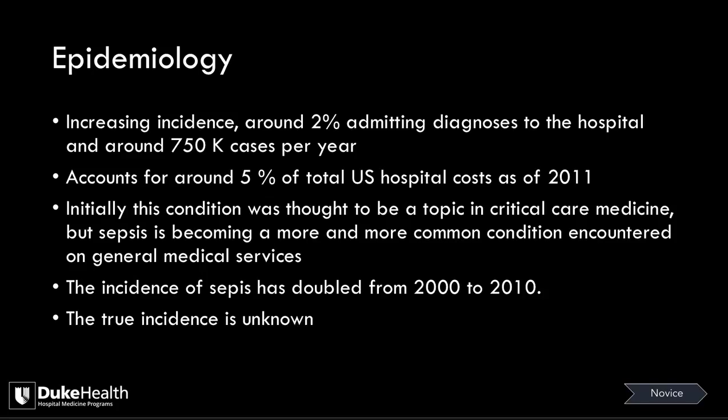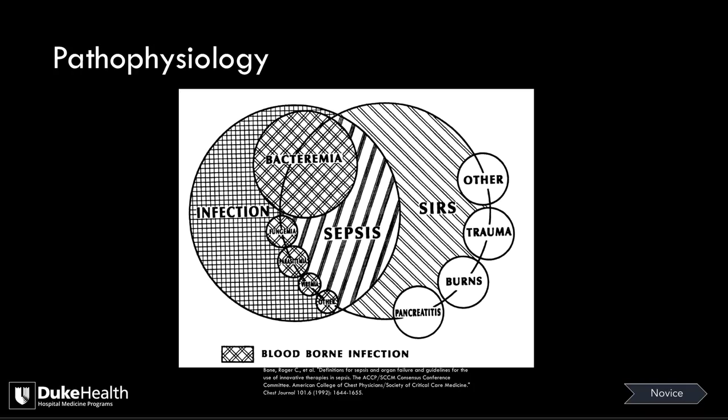Moving on to pathophysiology, I included here a Venn diagram that's actually from the first set of guidelines that came out in 1992 discussing sepsis and what it means.